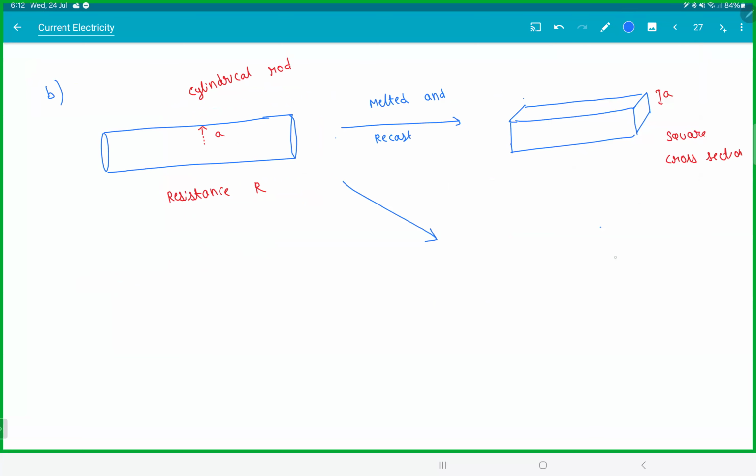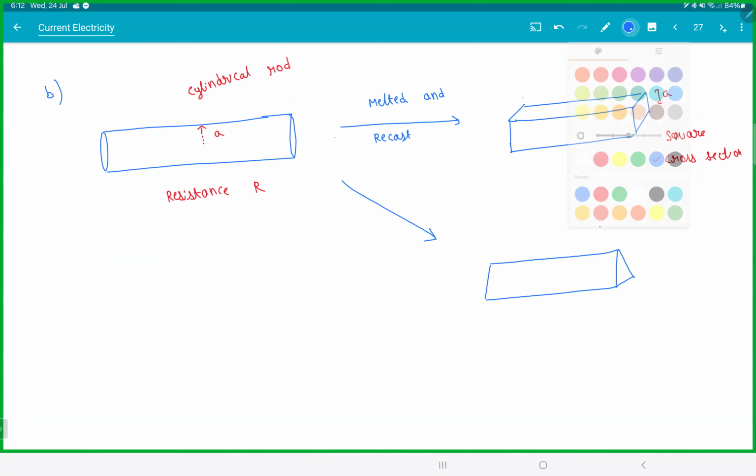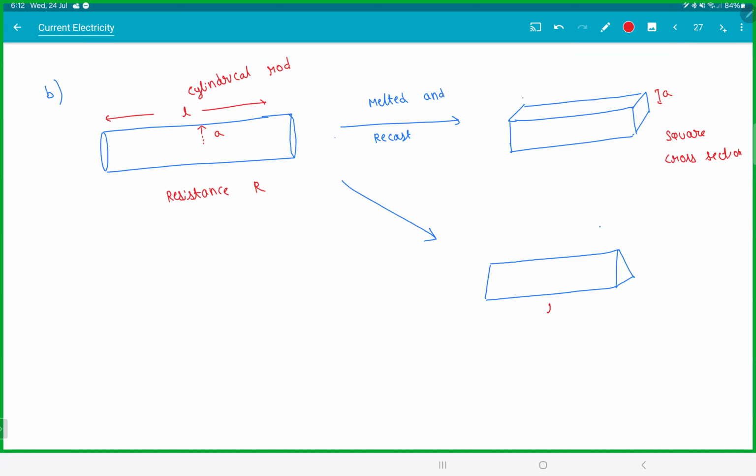And someone made this into a triangular cross section, Toblerone. Right? And if I take this length to be L, let's say this length is L by 2. This is an equilateral triangular cross section. Find the resistance of both of them.